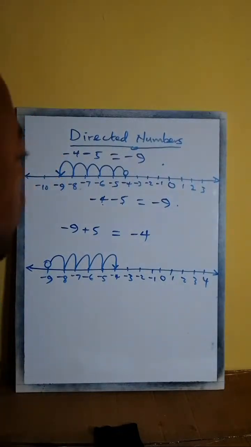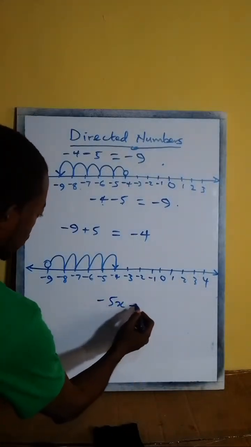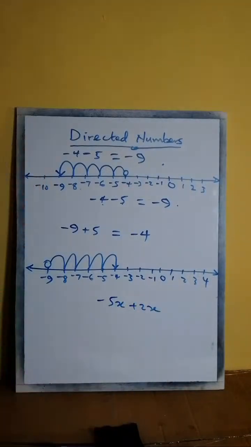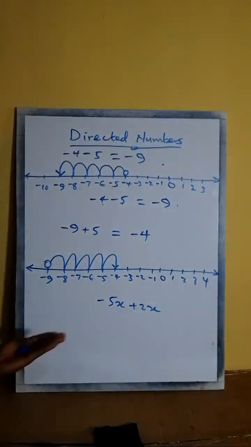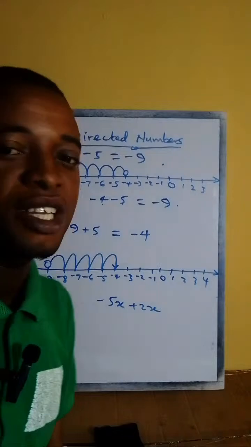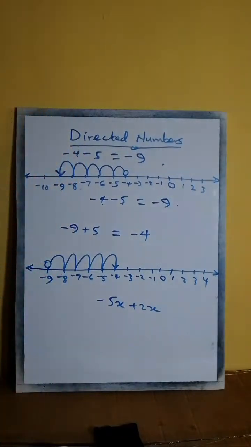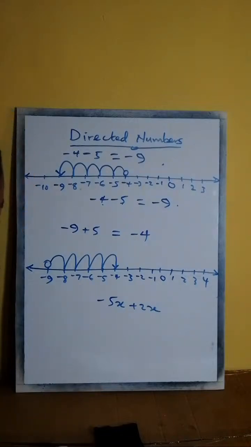When they have something like 5x plus 2x, many people will write the wrong thing, and once you write the wrong thing there, the answer will be wrong. That's why some people see maths as a difficult subject, but it's actually simple. Directed number is one of the foundations of mathematics.